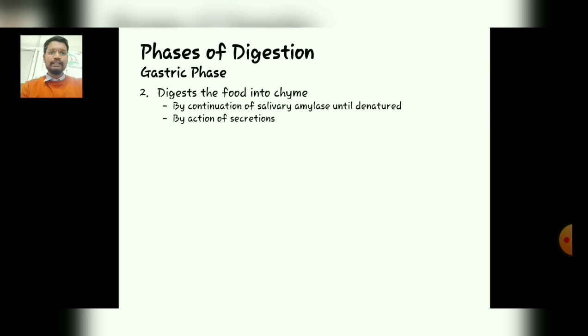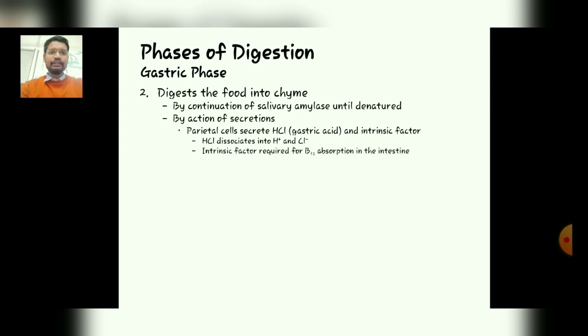Second, it is done by the action of secretions, mainly enzymes secreted by the parietal cells. These cells secrete HCl, mainly the gastric acid, and intrinsic factor. This HCl dissociates into H+ ions and chloride ions, and the intrinsic factor is required for vitamin B12 absorption in the intestine.